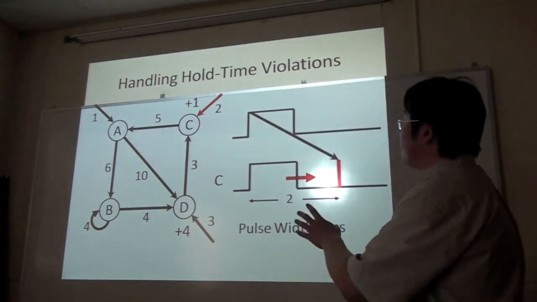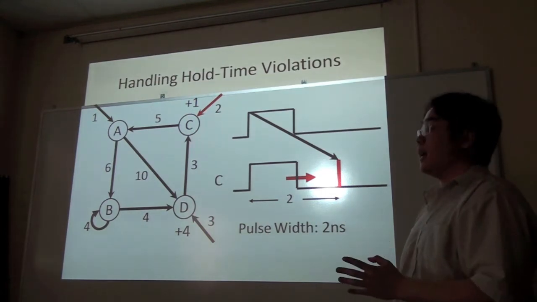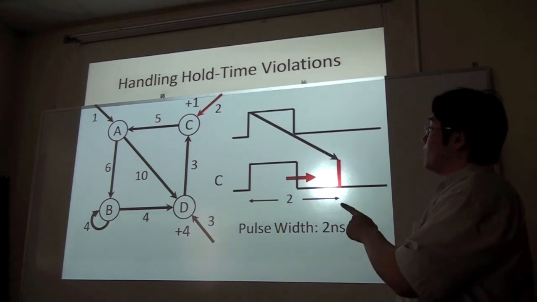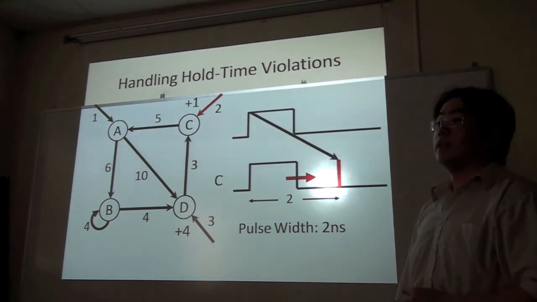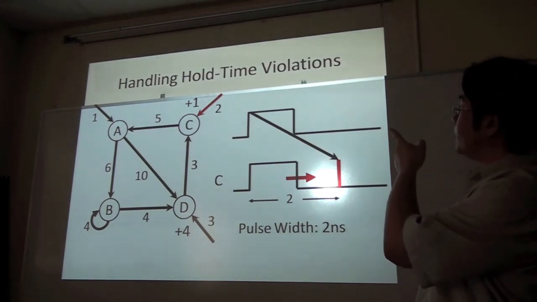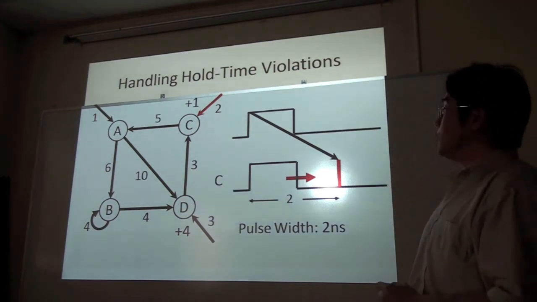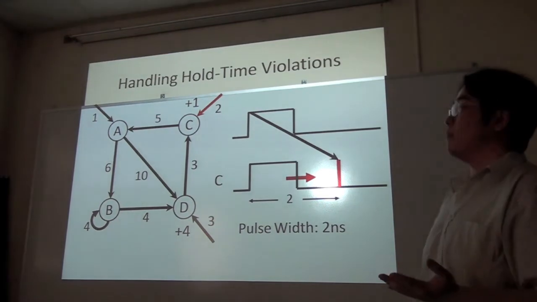The thing that differs between C and the previous case is that C, based on the maximum mean cycle calculation, requires borrowing 1 time unit, as shown in the top right of the graph. But that is still less than 2. So that does not produce a hold time violation.